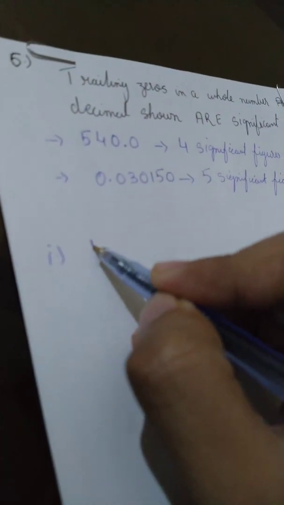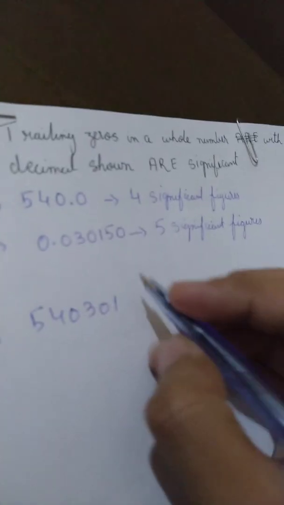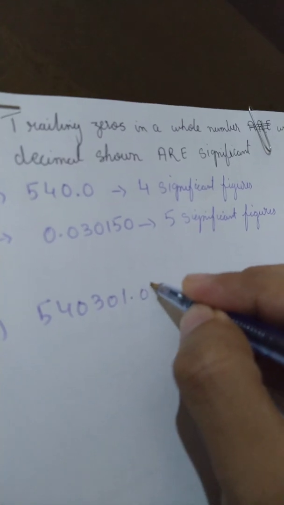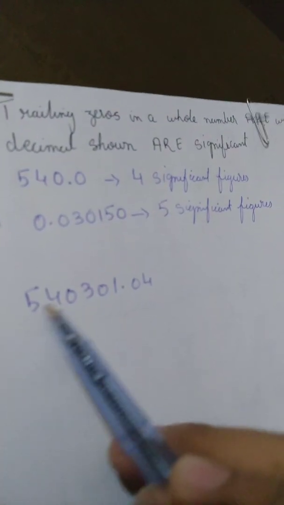Okay, let's take example number 1. Let's take a number, for example 540,301.04. How many significant figures are here? 1, 2 non-zero numbers.